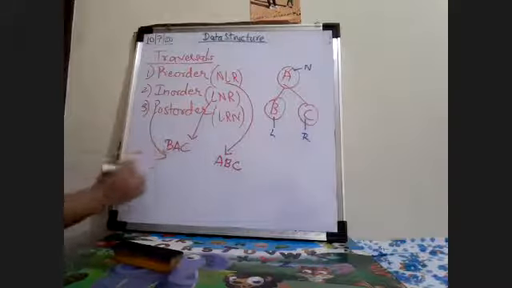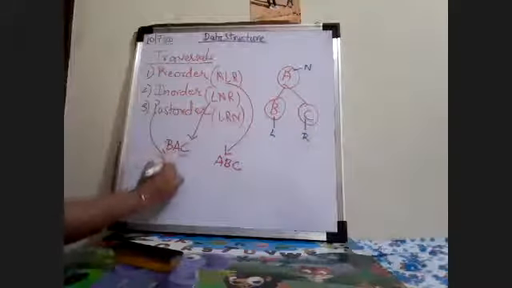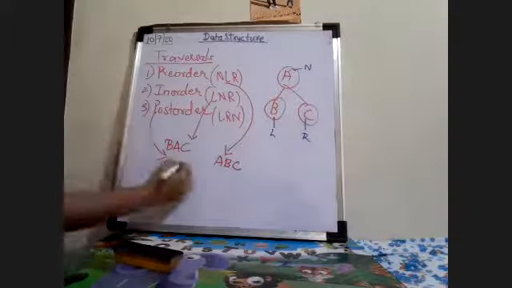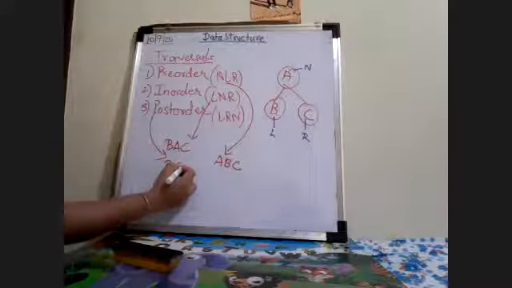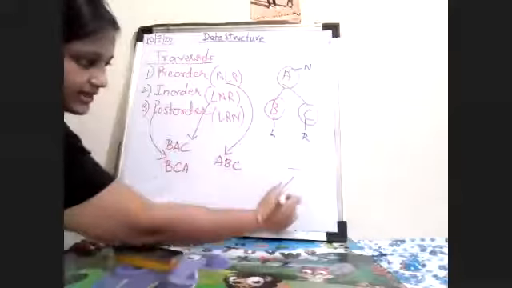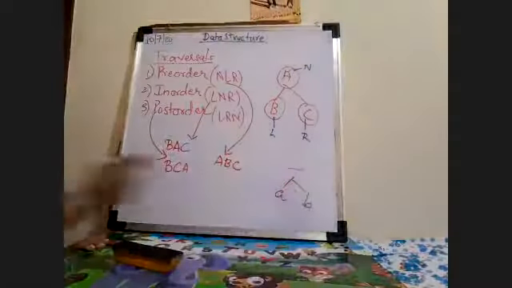Post order में it has to be first left means B, then the right C, and then the root A.